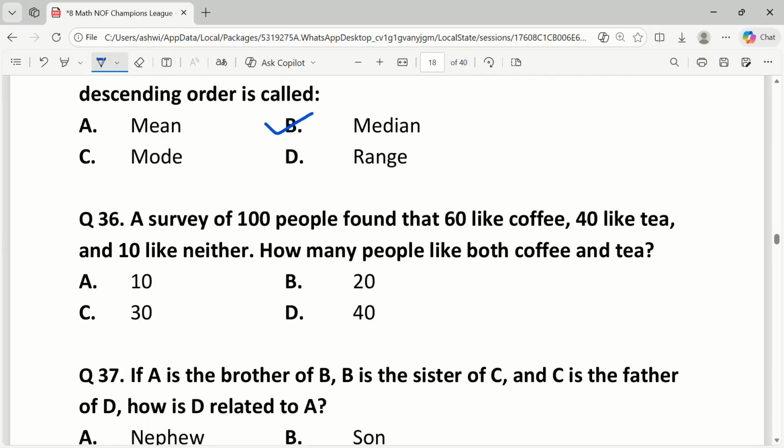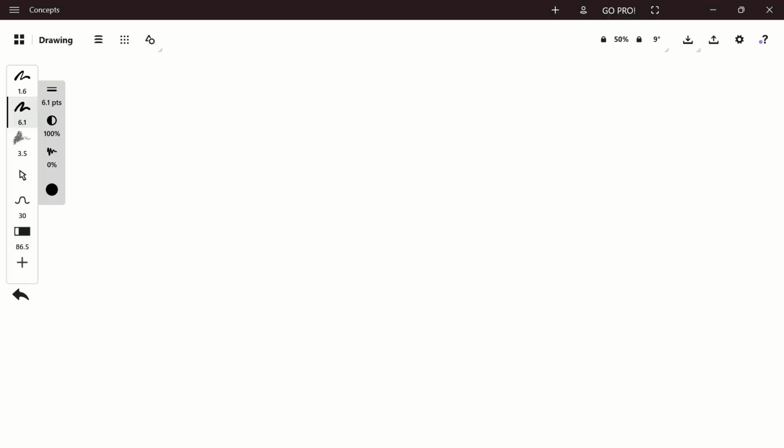Question 36. A survey of 100 people found that 60 like coffee, 40 like tea, and 10 like neither. How many people like both tea and coffee? Let C be the number of people who like coffee, T be the number of people who like tea, N be the number of people who like neither, and B be the number of people who like both.